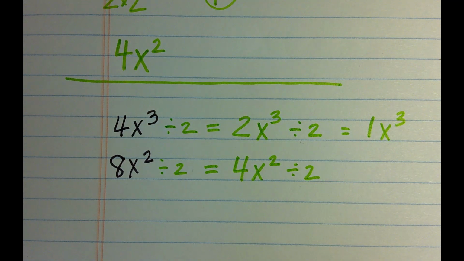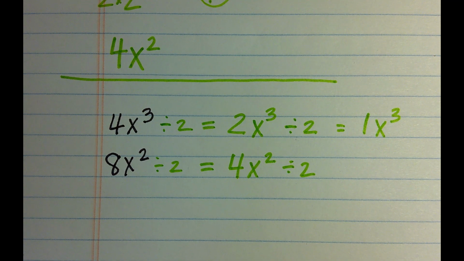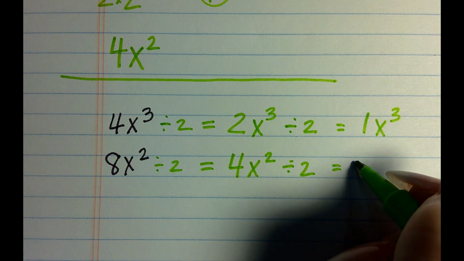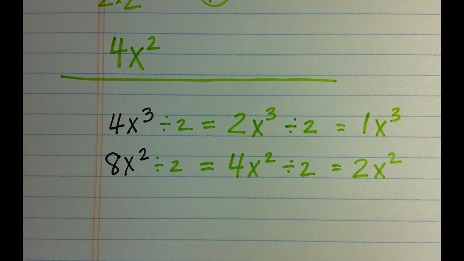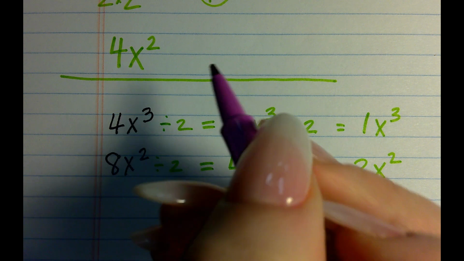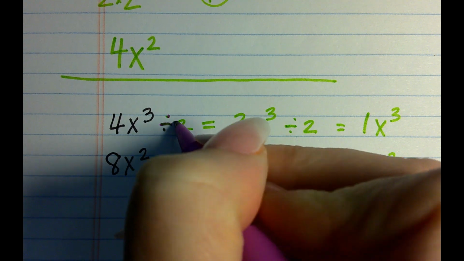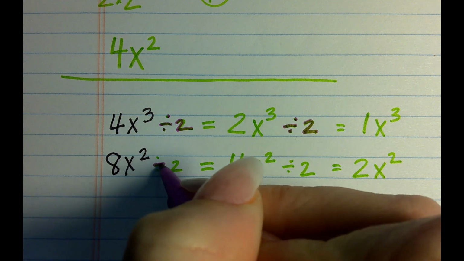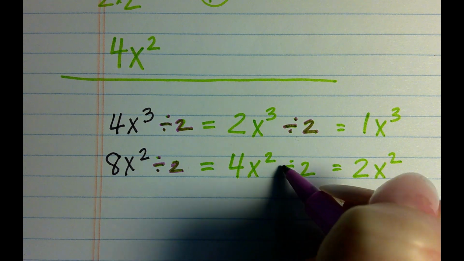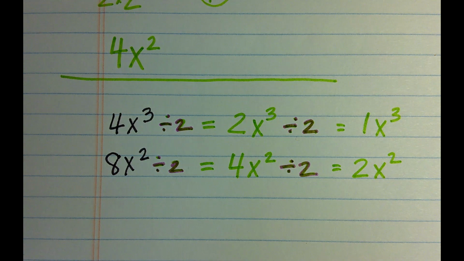Or you could just write x to the 3rd power. We don't need the 1 necessarily. What is 4 divided by 2? 2x to the 2nd power. Okay. So what I'm going to do is write the steps in a different color. Okay.